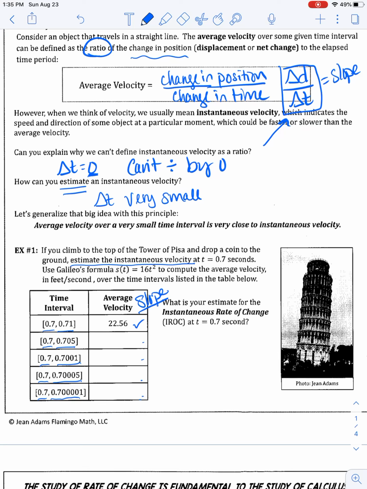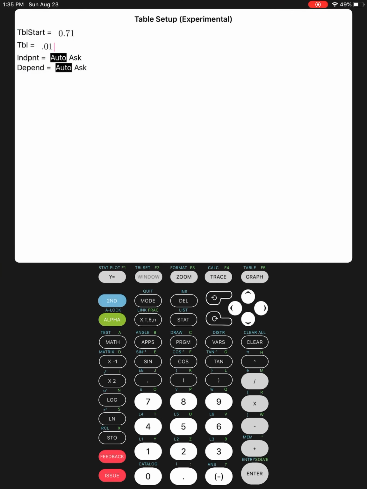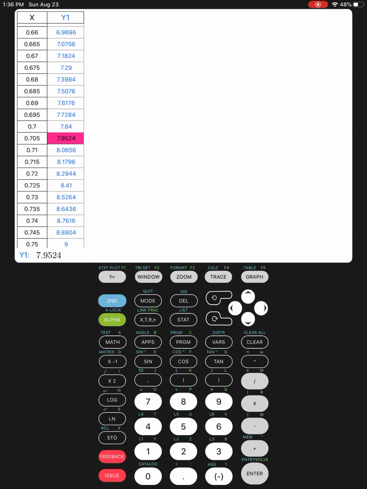Okay, so now I want to find it on this interval. So I need to go back to my table set. I'm going to start at 0.7 and I want to go up by 0.005. So now I have my 0.7 and my 0.705 and the two y values that go with it.